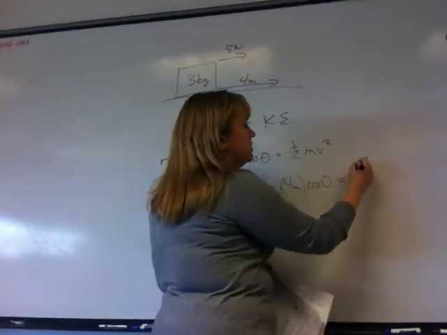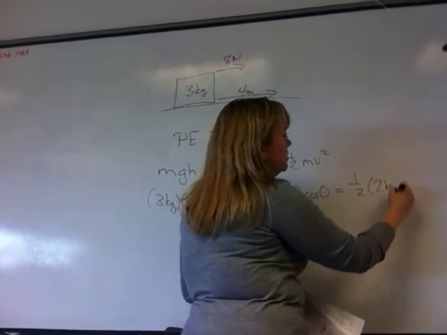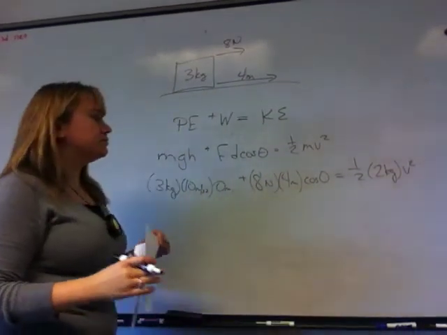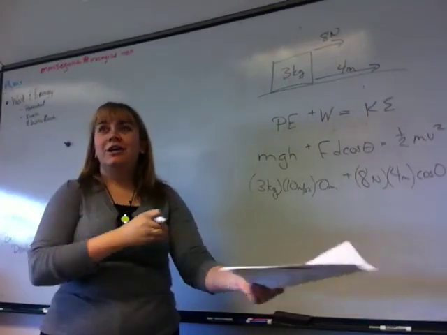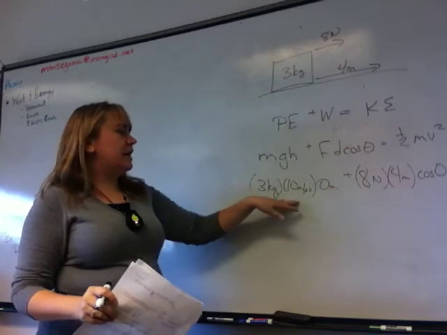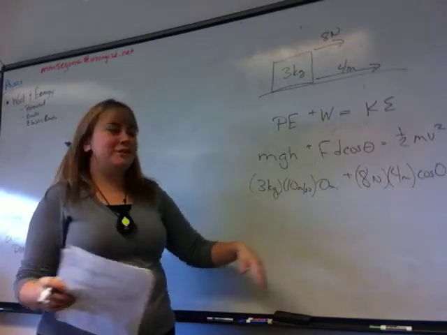All right, and that is equal to 1/2 times our mass again, which was 2 kilograms, and our velocity squared. Okie dokie. So if we work our numbers here now, 3 times 10 times 0, what do we get? 0.